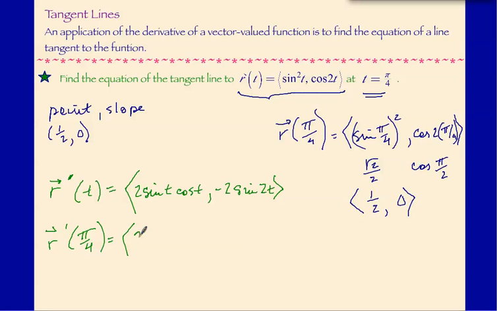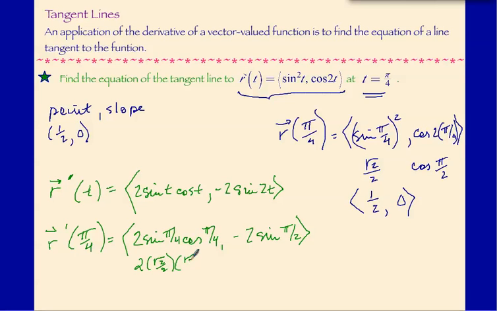So this is going to be 2 sine of pi over 4 cosine of pi over 4, comma, and then negative 2 sine of 2 times pi over 4, which is pi over 2. Okay, so as we work this out, sine of pi over 4 is square root of 2 over 2.